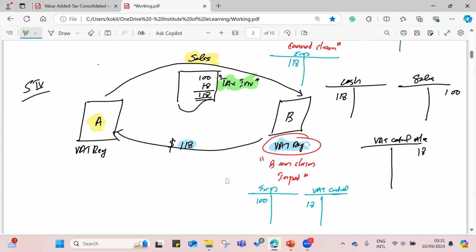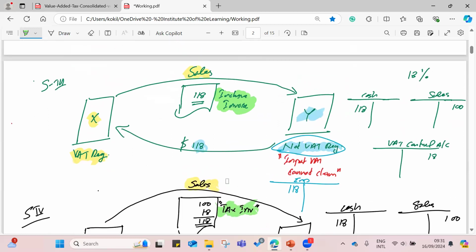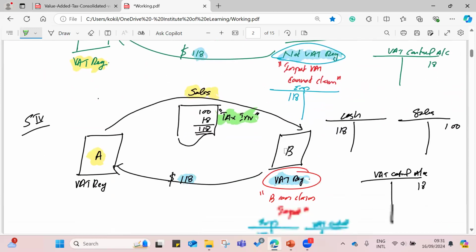Most companies, once they design the system, if they are registered, will continuously issue VAT invoices even if you are not registered. Even in scenario 3, even if you are not registered, the other company's system will automatically generate a tax invoice, but it cannot be avoided, right? That's totally fine from a practical perspective.